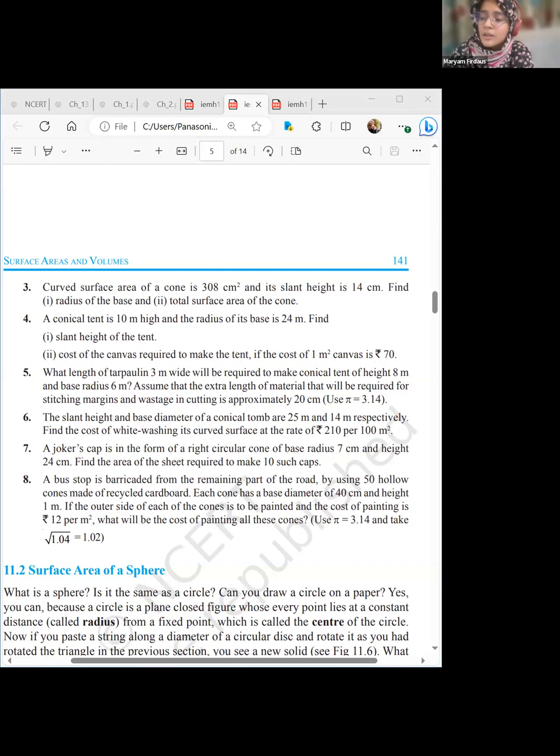And like we saw in the previous question, there was 10 and 16 and 26. I think it was 26. What was it? Yeah, 10, 16 and 26. Okay, so this is also a Pythagorean triplet.